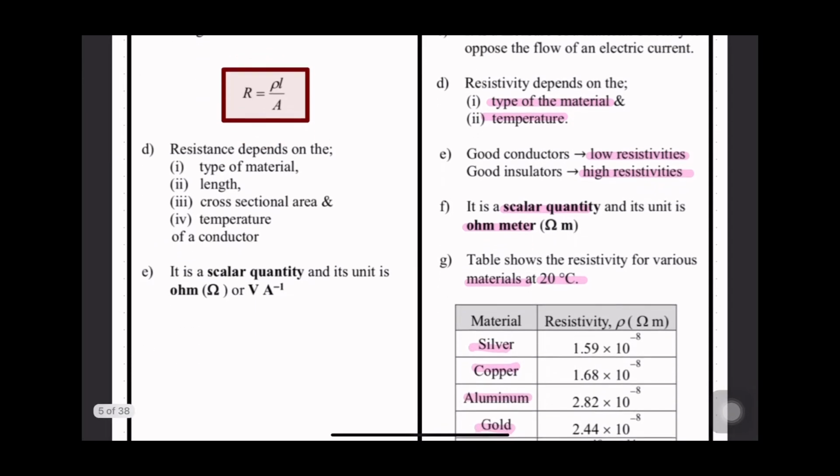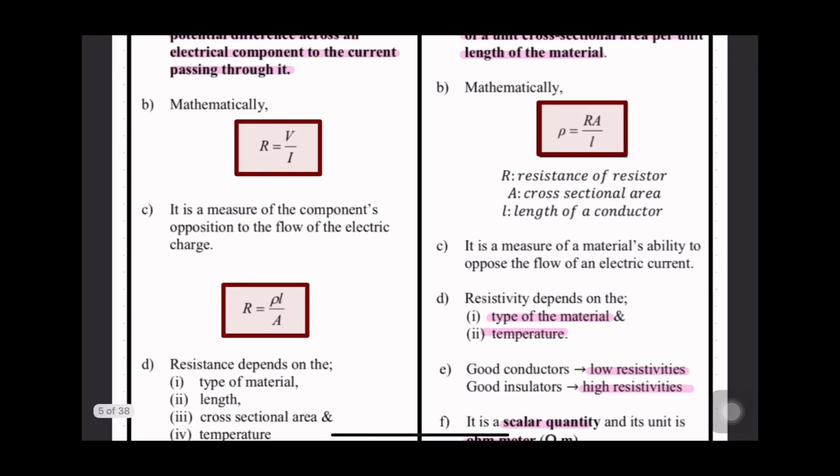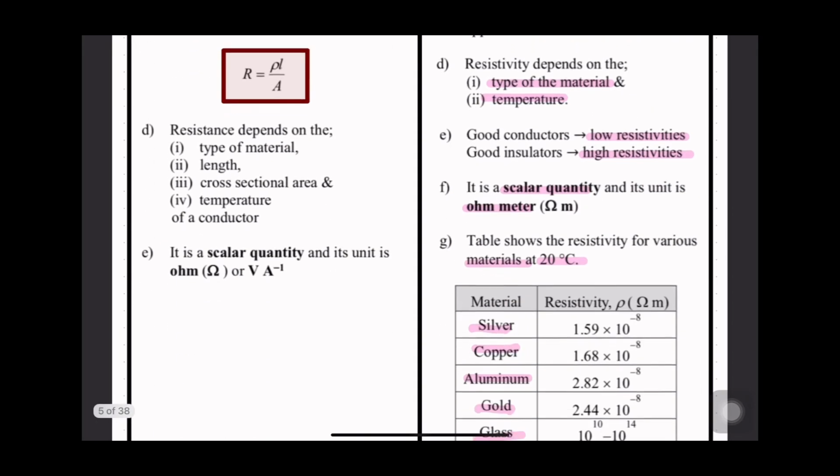Resistance depends on type of material, which is rho, length, cross-sectional area, and temperature of the conductor. So kita boleh cakap dia depends pada V and I, sebab ni adalah paling basic equation untuk resistance. And then it is a scalar quantity and the unit is ohm ataupun volt per ampere.